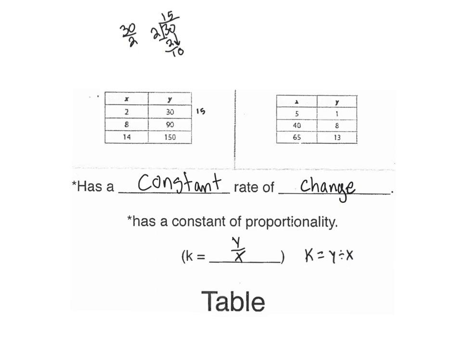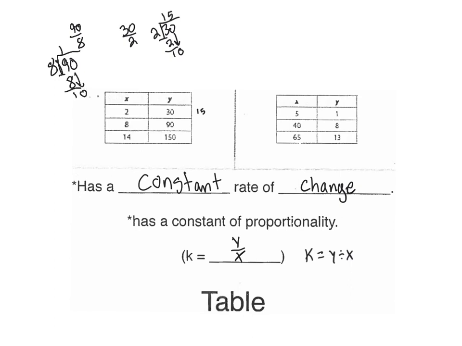But we have to see if it has the same rate of change for each one. So now we need to do the second one, which is 90 and 8. So we do top in, bottom out. 90 on top, 8 on bottom. 8 goes into 9 one time.